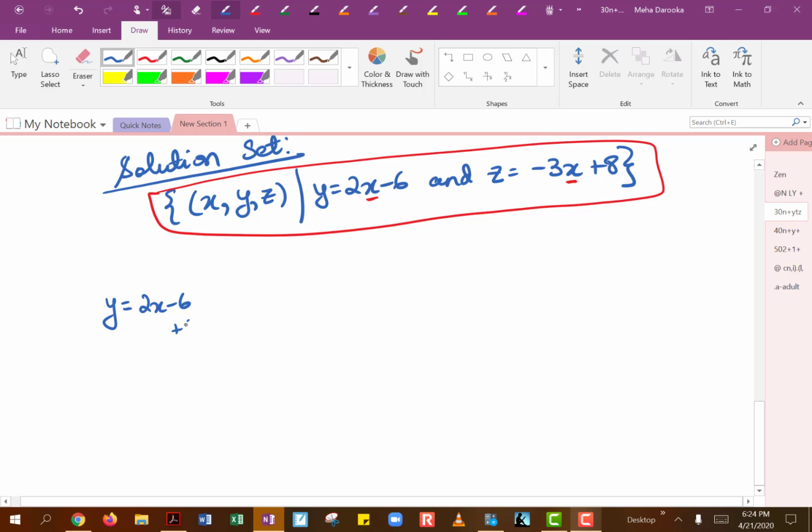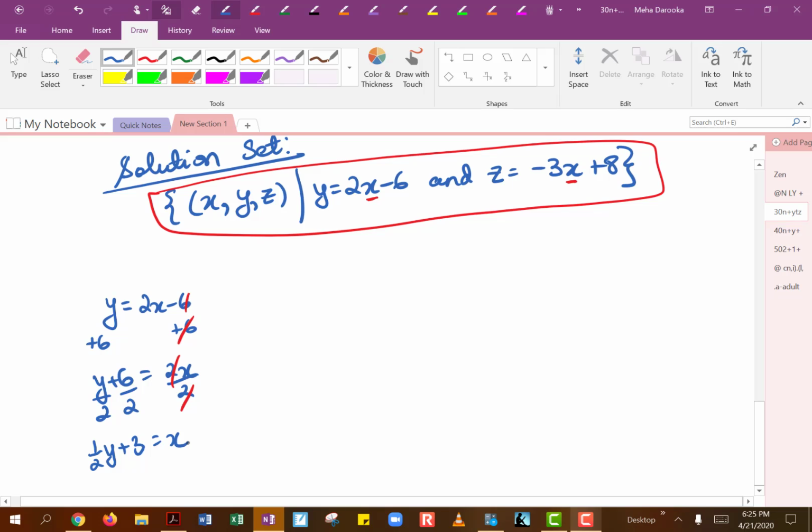So we would go ahead and move the 6 to the other side. Then divide by 2 to get the x by itself. And of course, that would end up giving us 1/2 y plus 3 equals x.